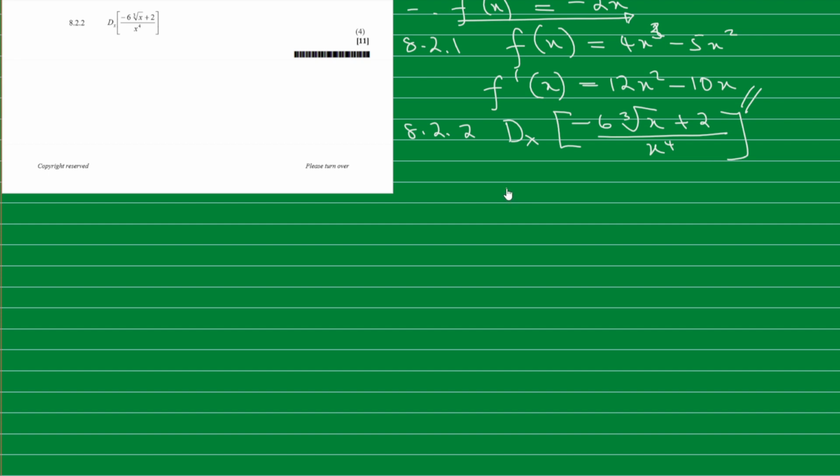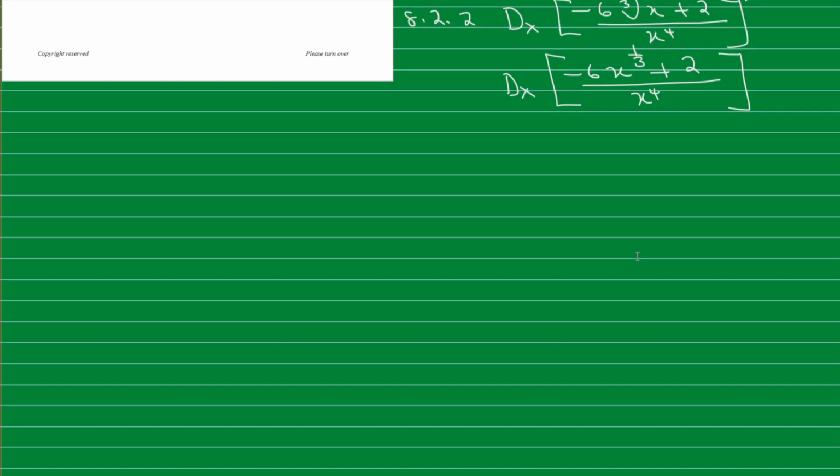First of all, if you are given cube root or square root signs, translate that into exponential form. So that will give us negative 6 times x to the power 1/3, because a cube root of x translates to x to the power 1 over 3, and then plus 2 over x to the power 4. So we are just preparing it so that we put it in standard form.